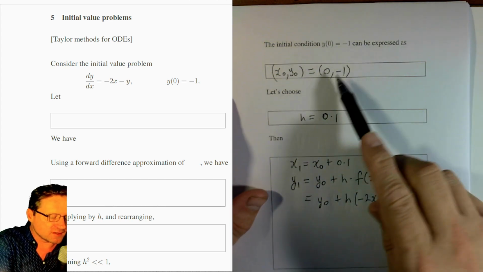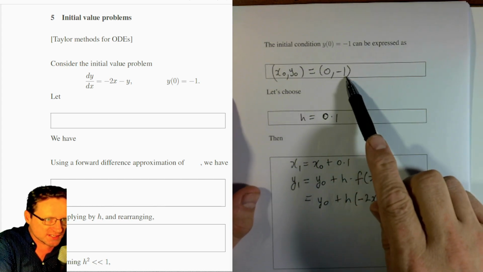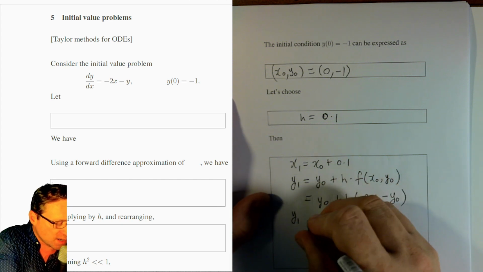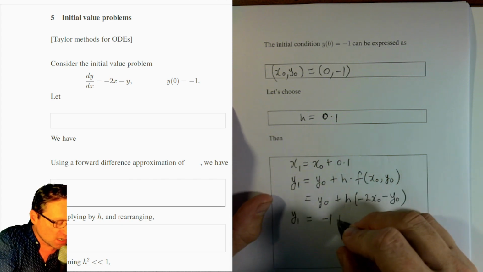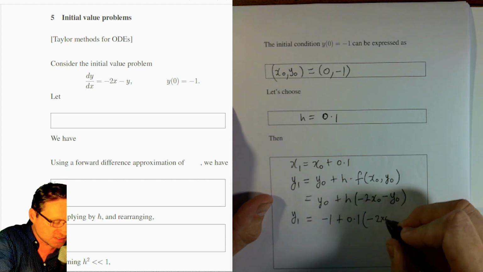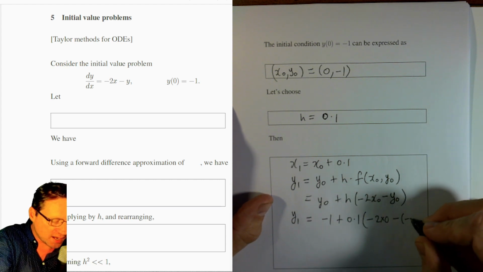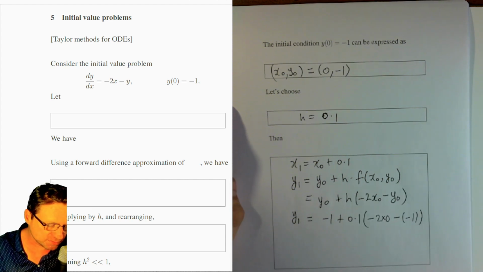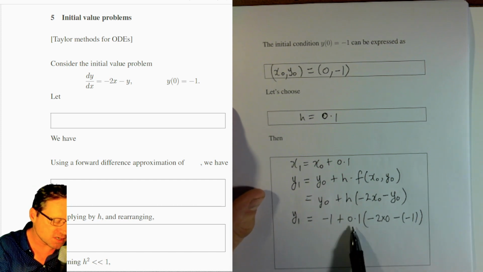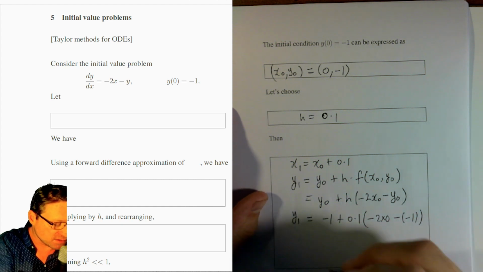Given that x0 is 0 and y0 is minus 1, we can substitute these in, and we get y1 is minus 1 plus 0.1 times (minus 2 times 0 minus (minus 1)). Simplifying, inside the brackets we have plus 1, so 0.1 minus 1 is minus 0.9, I think, right?